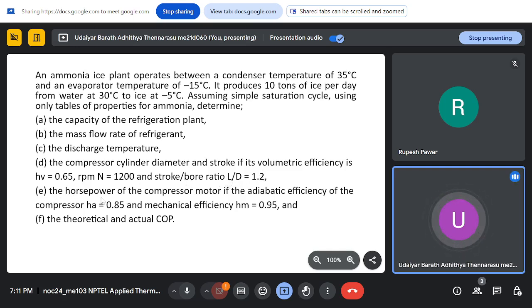Next is the horsepower of the compressor motor if the adiabatic efficiency of the compressor is 0.85 and mechanical efficiency is 0.95, and you have to find out the theoretical and actual COP. So with that, we'll see how to solve this.